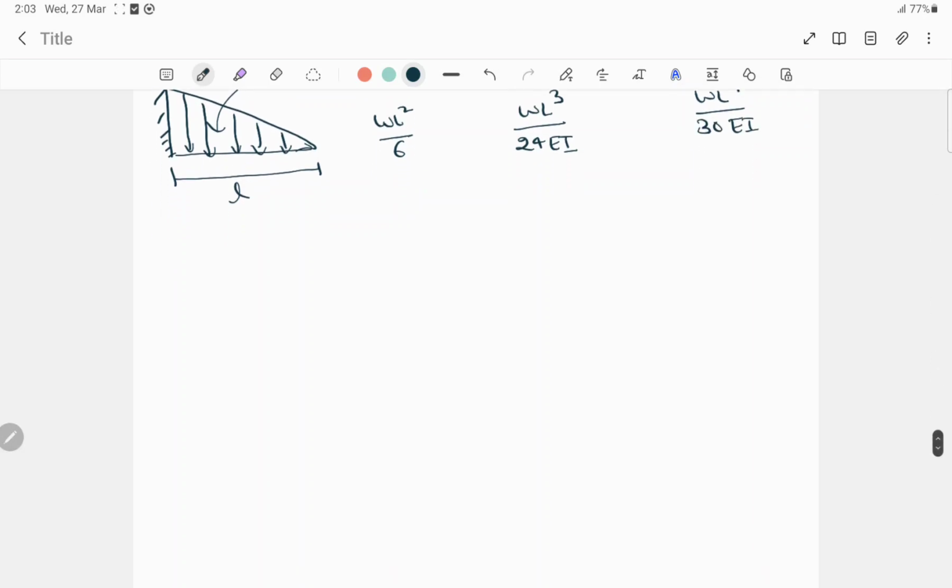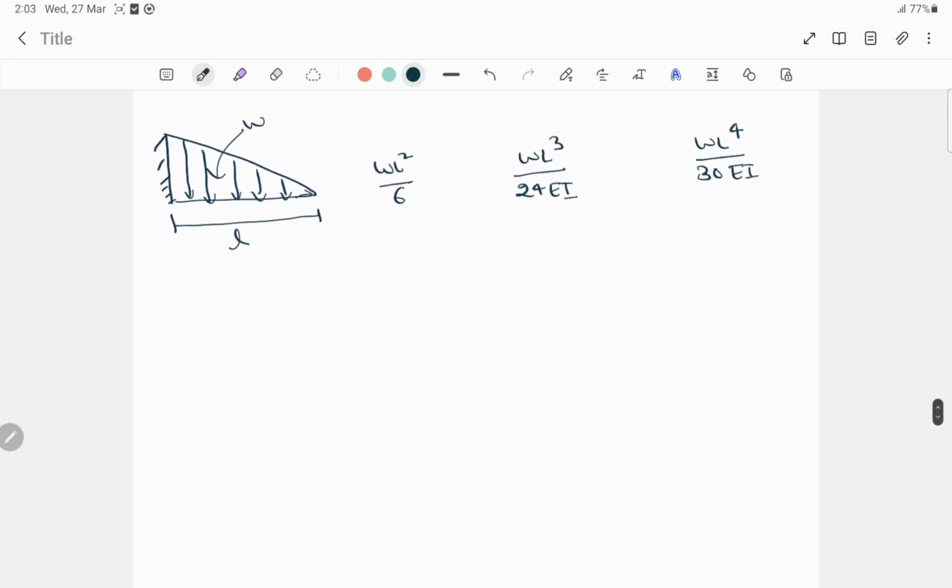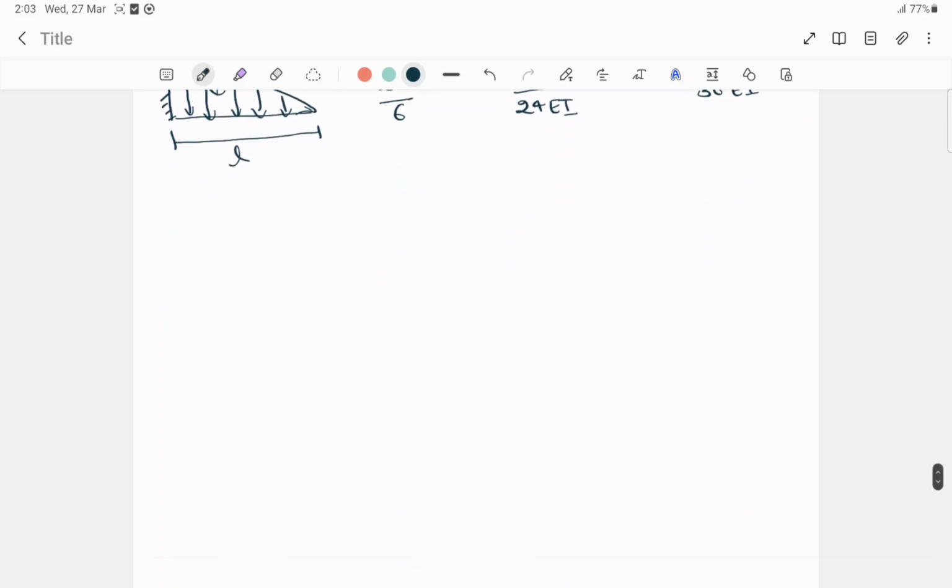Now again this is for the cantilever beam. Now comes the simply supported beam. Here this is a simply supported beam of length L, and one point load is acting.